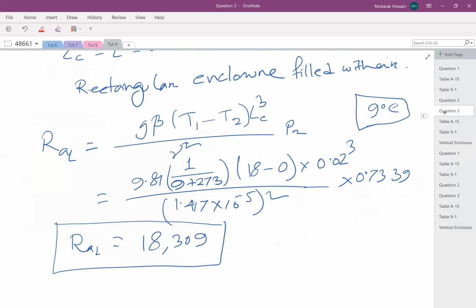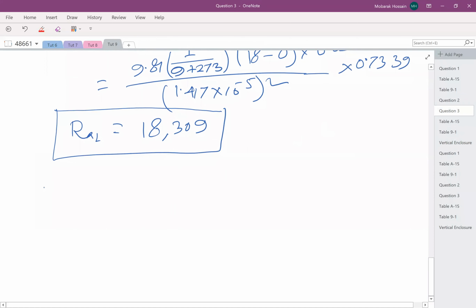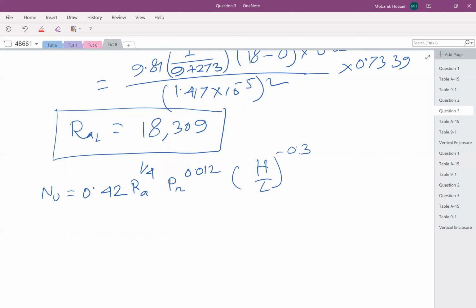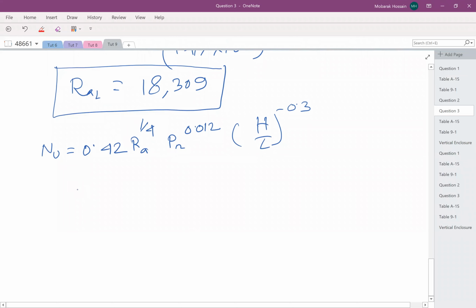So if we use this one, the formula will be 0.42, then Rayleigh number to the 1/4, Prandtl number to the 0.012, then the ratio to the power minus 0.3. This one is for the vertical enclosed formula.